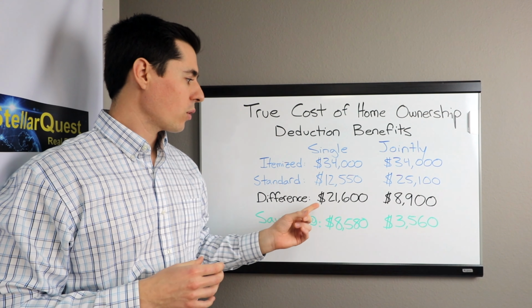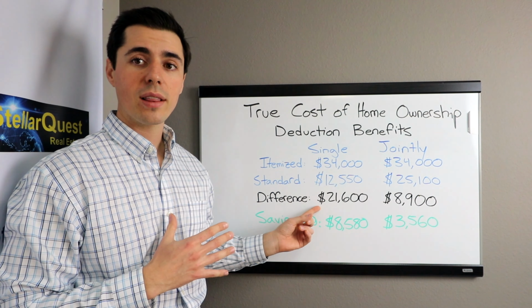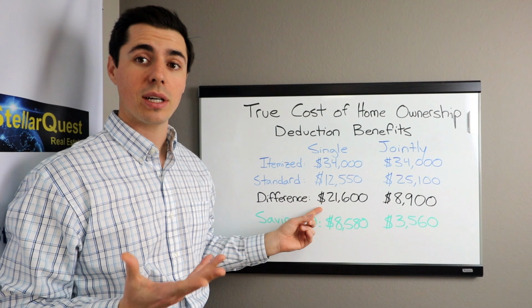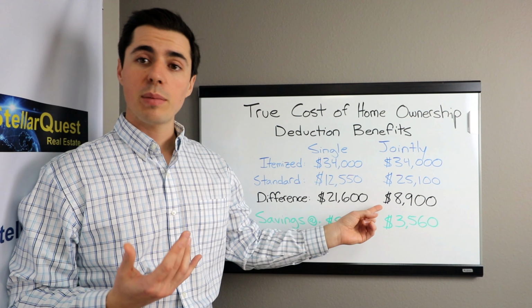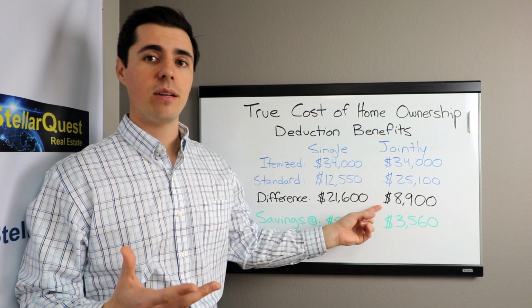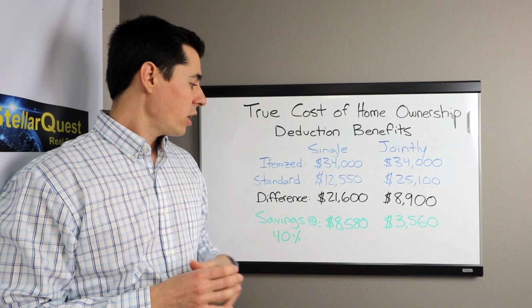You can see for the person filing singly, this would be a $21,600 difference in tax deductions, which is pretty huge. For people filing jointly, the difference between the standard deduction and the itemized deduction is only $8,900.